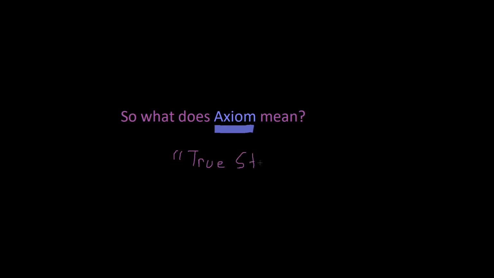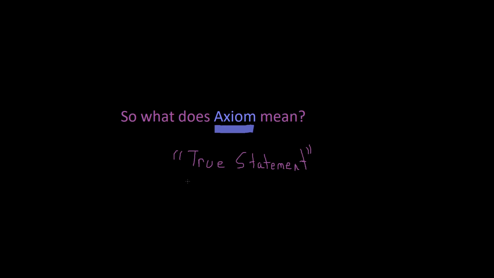We learn about statements in our first chapter. And all it means is that whatever the statement is saying is true. The statement has to be true. It's not false. If it's false, it's not an axiom. If it's true, it's an axiom. And then it says an axiom is a true statement for the starting point of our ideas.